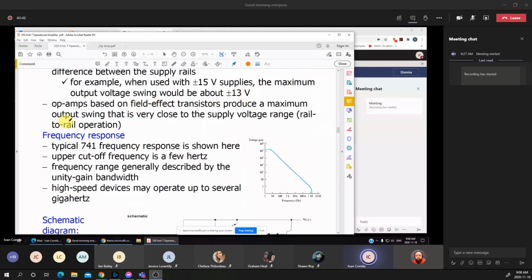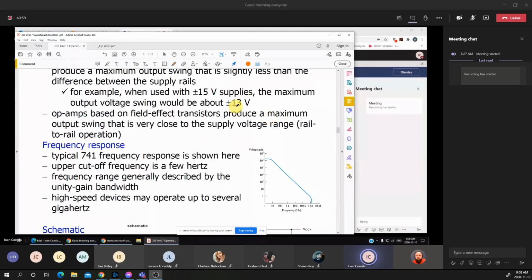The other type, which is the FET technology or the MOSFET technology, the maximum voltage drop is probably not in terms of 2 volts, probably will be 1 volt or less than 1 volt when it is in saturation.